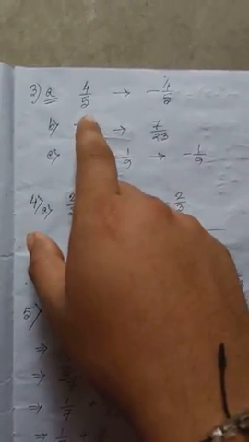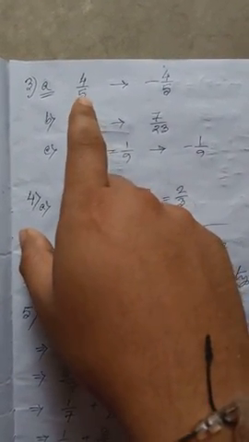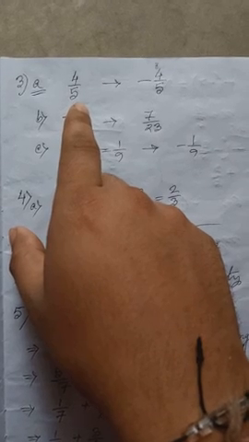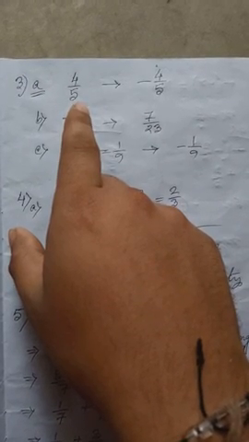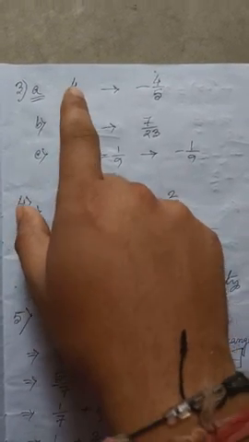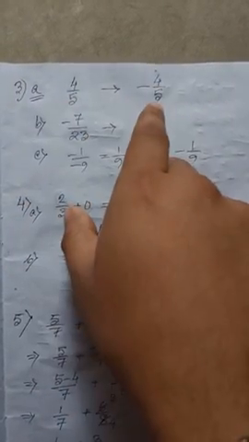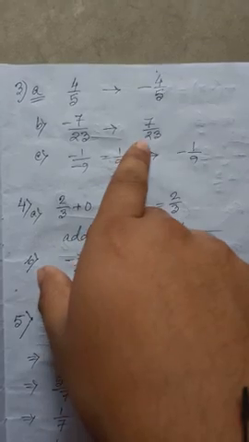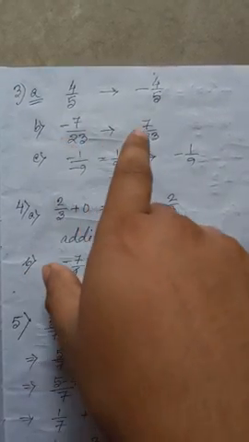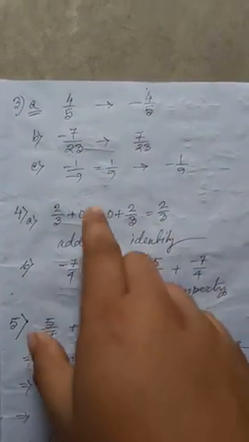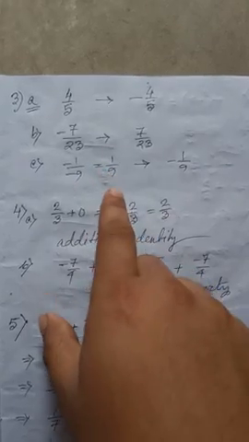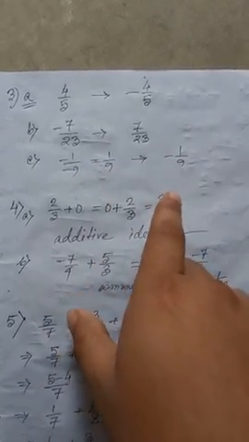Now we need to find the additive inverse. So the additive inverse, we can find by interchanging the symbol. Just change the symbol. The additive inverse of 4 by 5 is minus 4 by 5, and for this one, this minus here will become plus. Minus 1 by minus 9 is 1 by 9, so it will be minus 1 by 9.